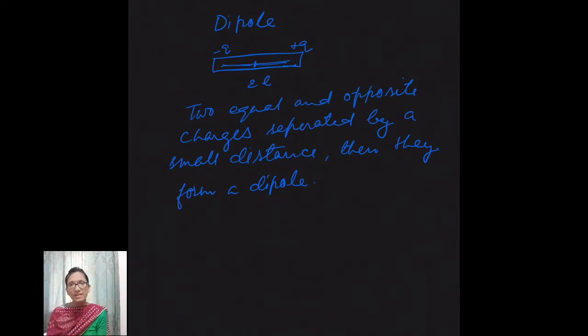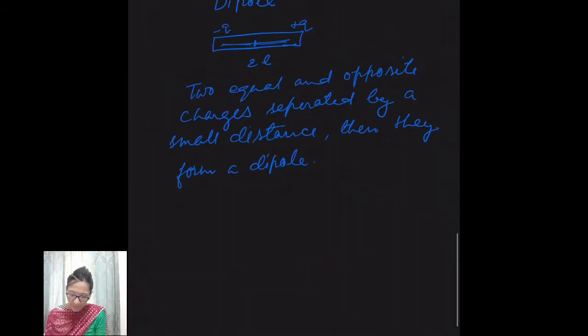When you place a dipole in an external field, then it experiences some torque, and due to that torque it has rotational movement. It tries to rotate and align in the electric field, so it has some dipole moment. So let me define dipole moment.